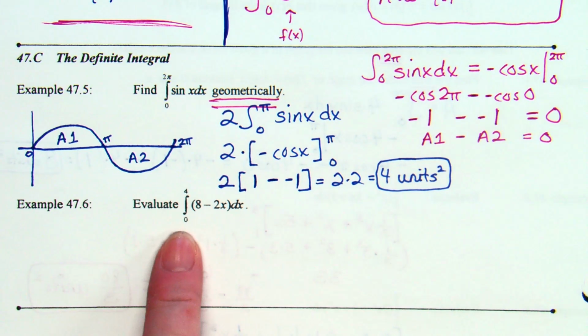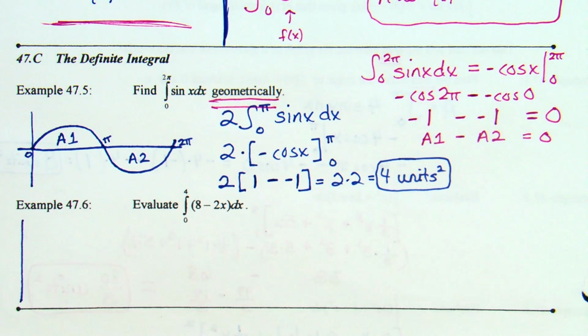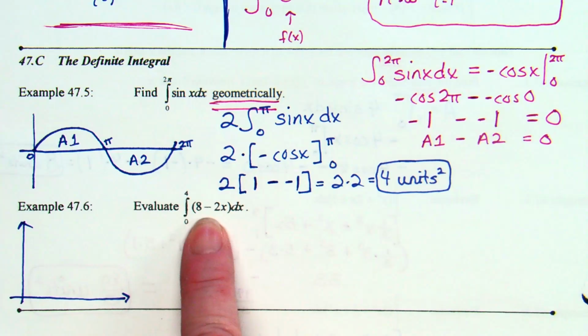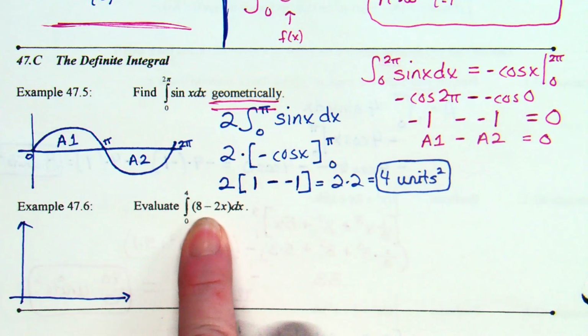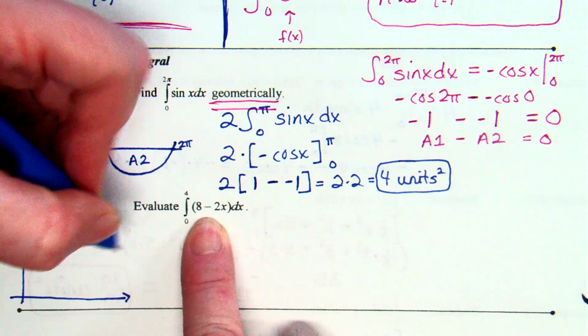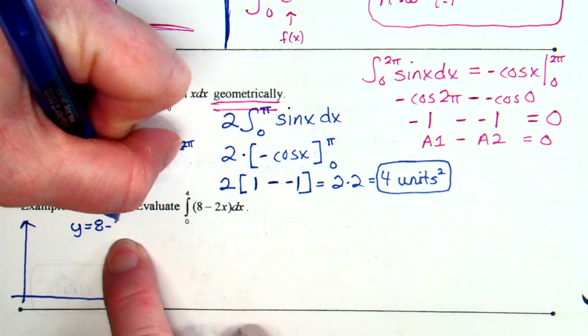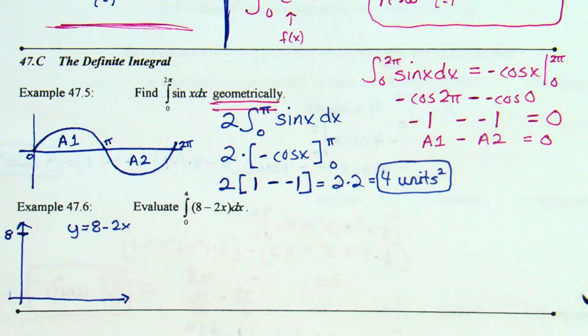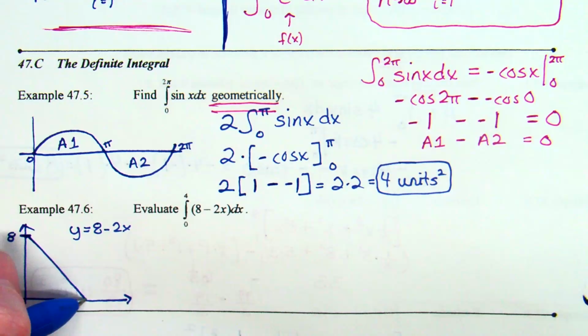So think about this. What does the, quote, curve 8 minus 2x look like? A line going down? In other words, I'm asking you, what does the graph y equals 8 minus 2x look like, right? That's what I'm basically asking. And it would be a line with a y-intercept at 8, with a slope of negative 2, yes?